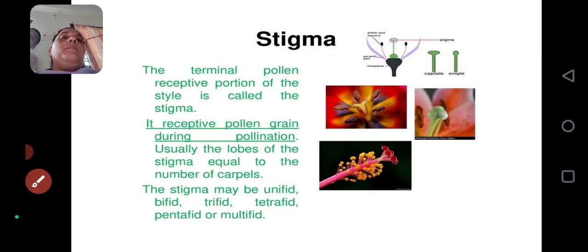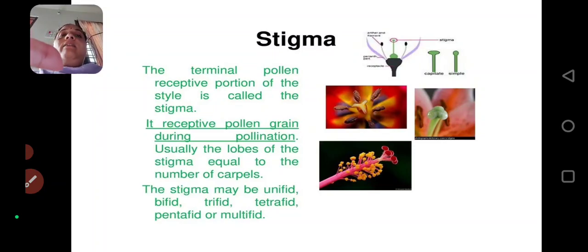The terminal pollen receptive portion of the style is called the stigma, which receives the pollen grains.